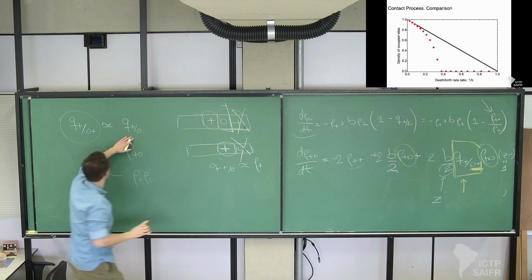And now, of course, I can write this, and this is another exercise for you to do, using the same reasoning we did in the beginning as rho plus 0 divided by rho 0.